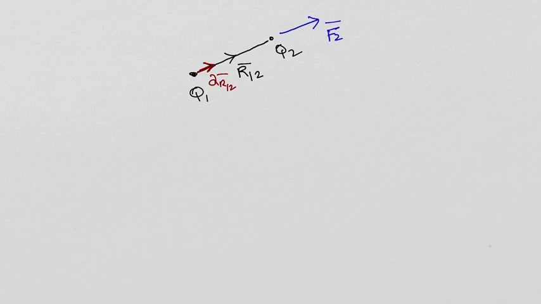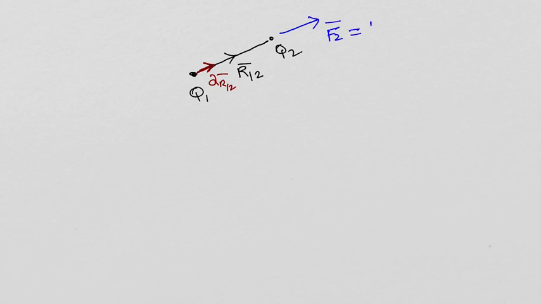I have already told you there are two charges. One is Q1, the other one is Q2. The line joining the distance between these two charges is indicated by R12. Okay, where AR is the unit vector, AR or AR12. And what is the amount of force exerted on Q2? F2.